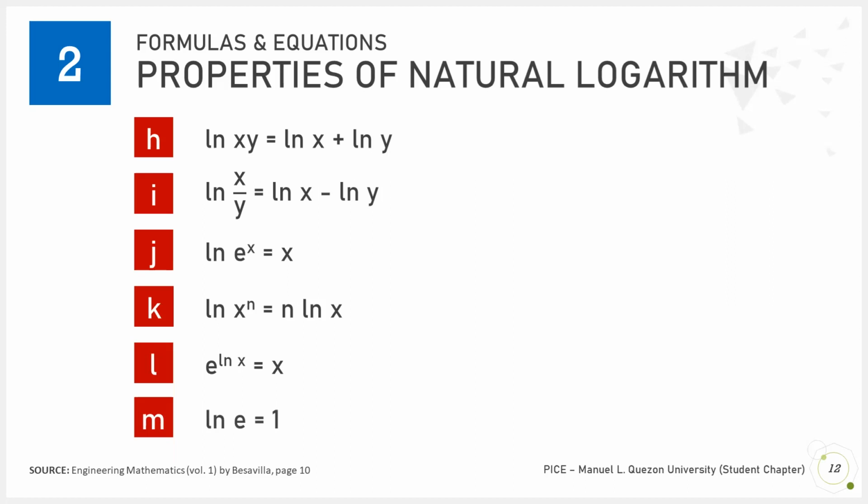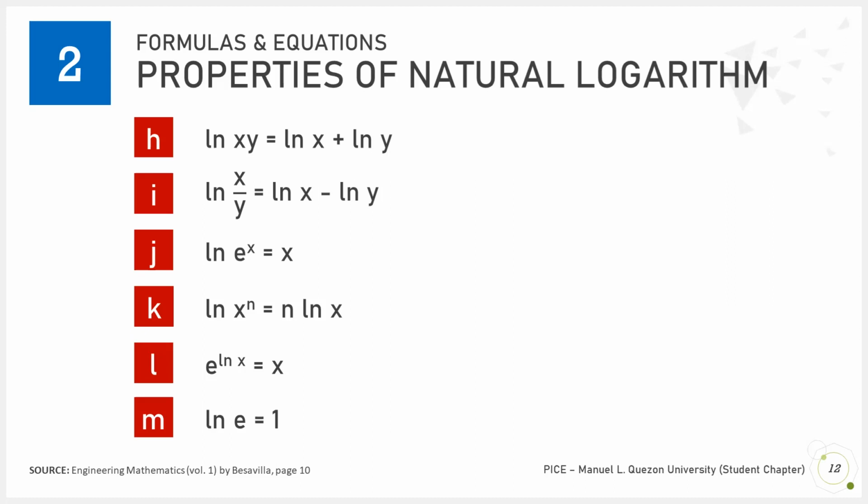So when we're talking about the properties of natural logarithm, we encounter the letter e, present in properties J, L, and M. This is what we call Euler's number, and we encounter it when we discuss natural logarithm.